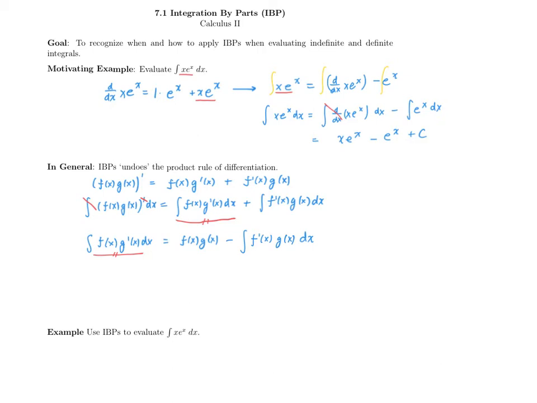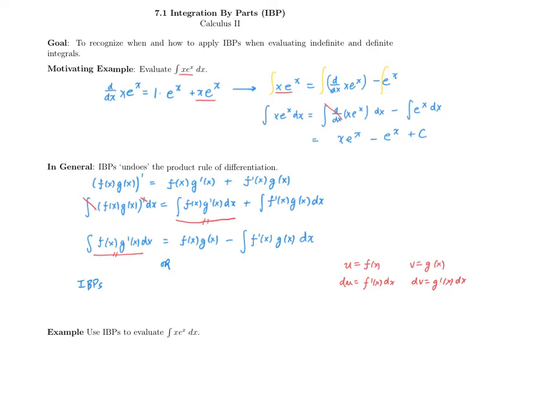I prefer to write it in a more convenient form. I will almost always abbreviate integration by parts with IBP. And I'm going to use differentials much like we would with a substitution. If we let u be equal to f of x and v equal g of x, then du would be f prime x dx, and dv is g prime x dx.